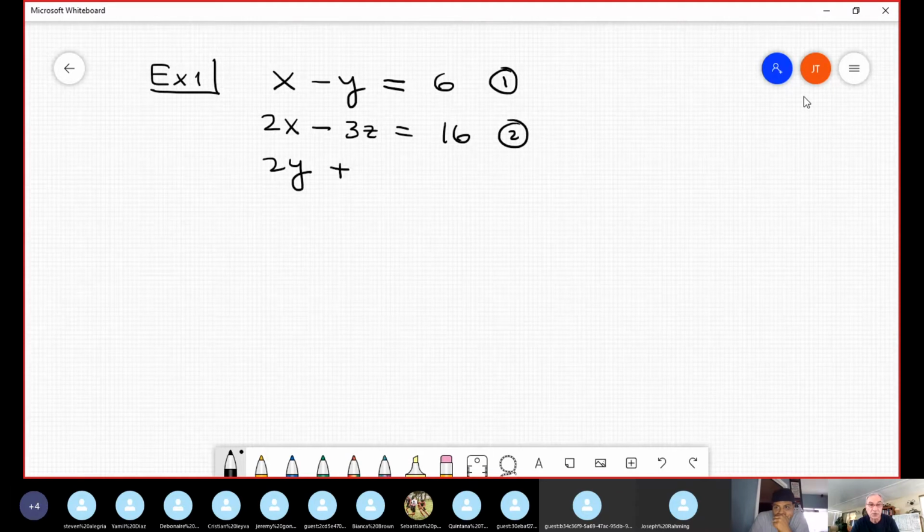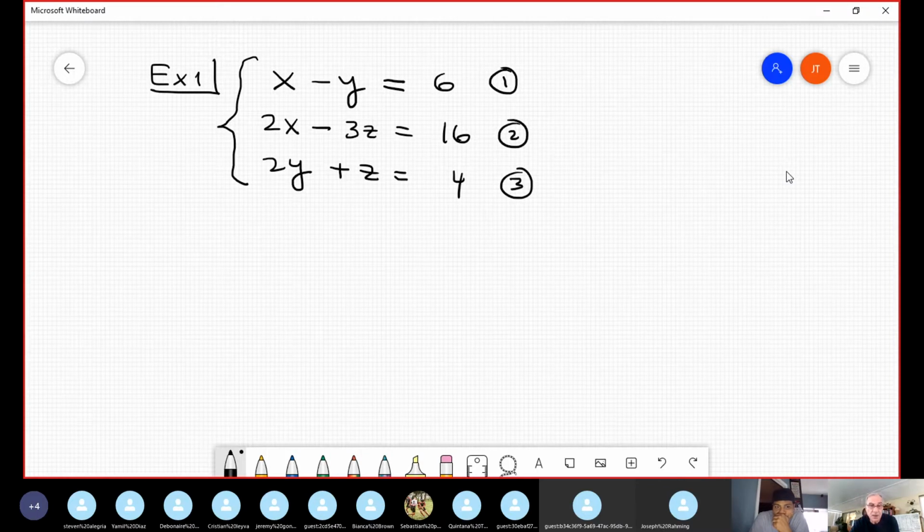Plus z equal 4, equation 3. So we have 3 equations. And how many unknowns do we have in that problem? 3. So what is the name of this system? Is it determined, underdetermined, or overdetermined? Determined. Exactly. I have no idea if we have one solution or infinitely many solutions, but it's possible.